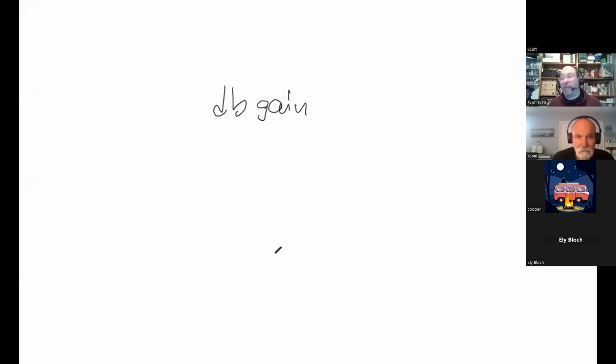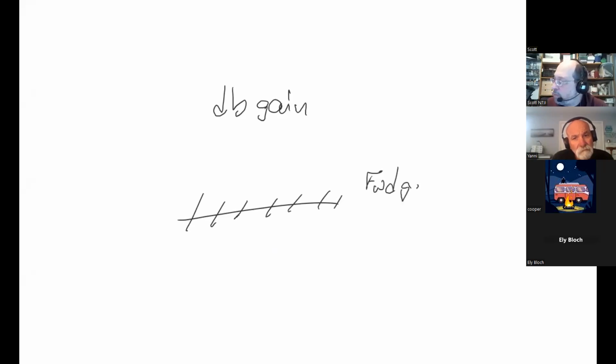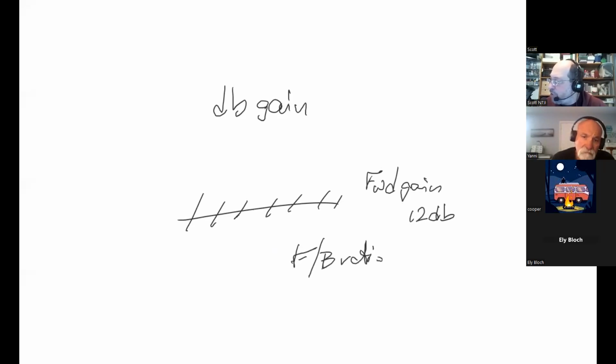An antenna that you build or buy, let's say that it looks like this. If you work in a sensors lab or something, and this is specified with a forward gain of 12 dB and a front to back ratio of 32 dB and a front to side ratio of 40 dB.